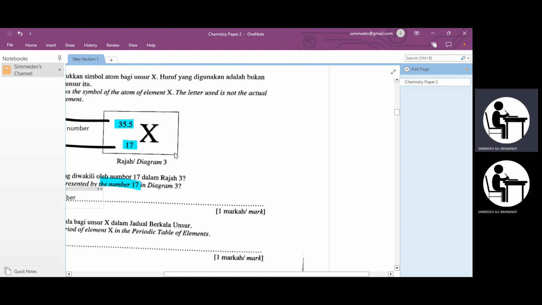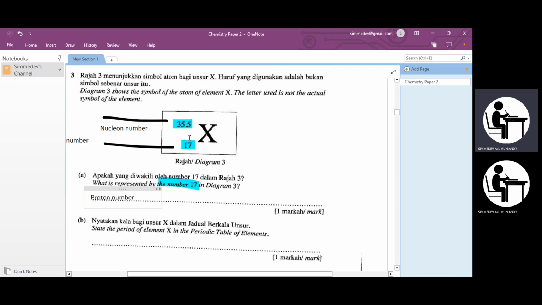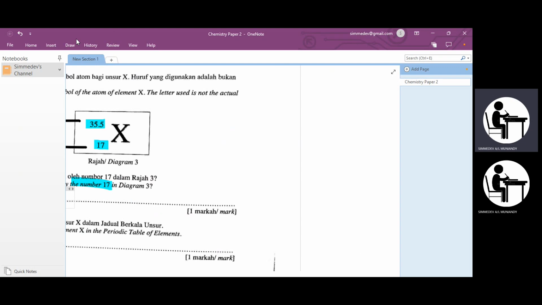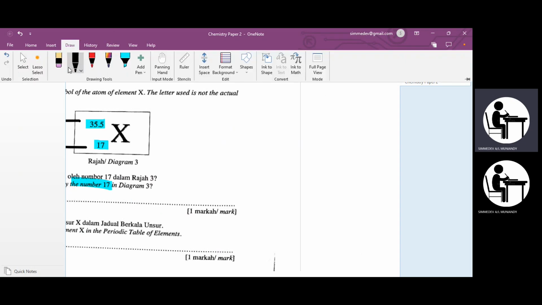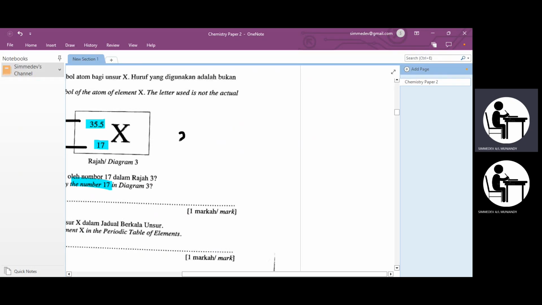Whenever you come across a question that provides you with number of electrons or proton number or nuclear number or whatever, it is crucial for you to write the electron configuration straight away. So for 17, the first shell will be filled by only 2, the second shell will be 8, and the third shell will be 7.